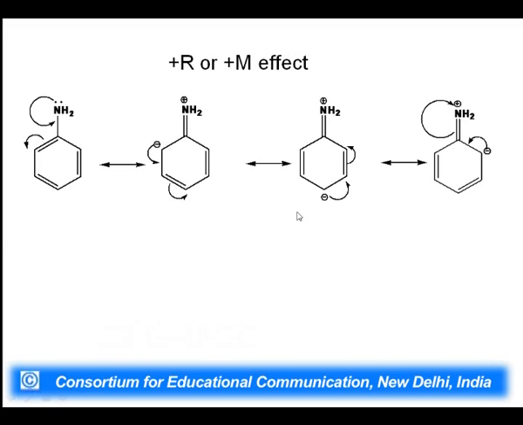So it will again be ortho para directing and activating, and also because of this lone pair going inside the ring and due to the plus R effect, the basicity of aniline is less than that of alkyl amines, RNH2. It is less basic because basicity is by virtue of the lone pair, and the lone pair is attached to a H plus ion. The more the lone pair is available, the more basic the compound is.